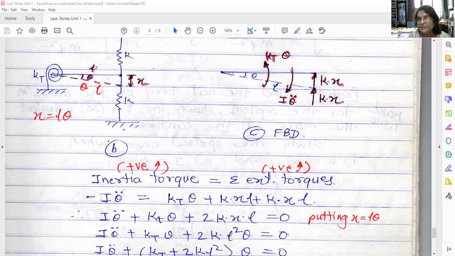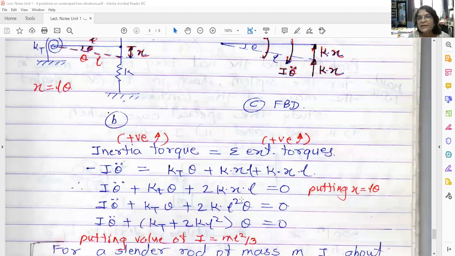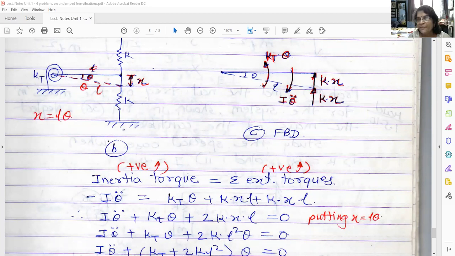Kx into this distance. How much is this distance? See, this is L and this is theta, so x is equal to L theta. So what is your equation now? Kx into L theta.